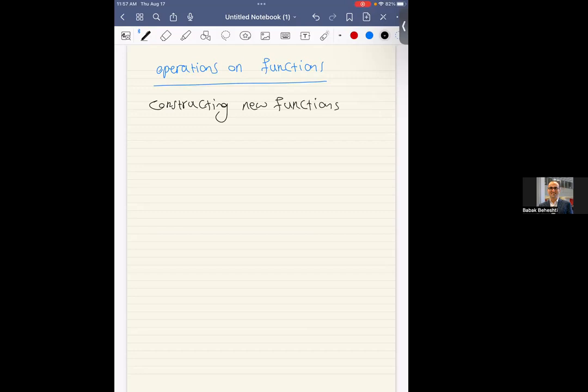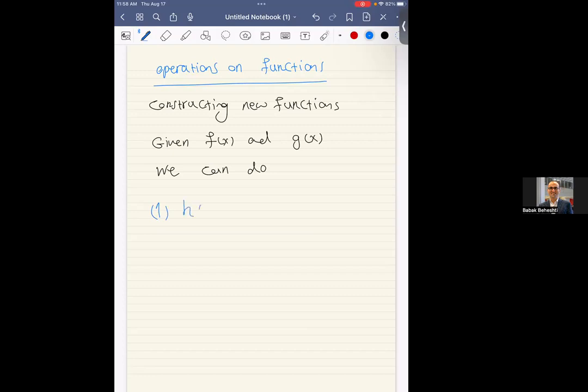If you have f and g, we can add, as I said.